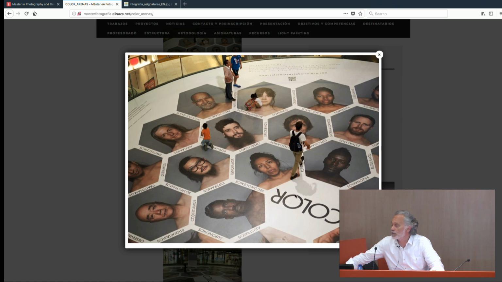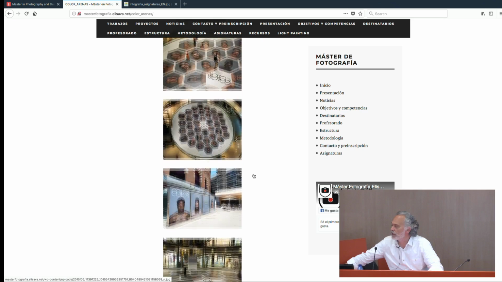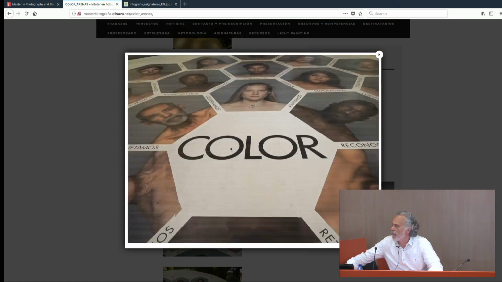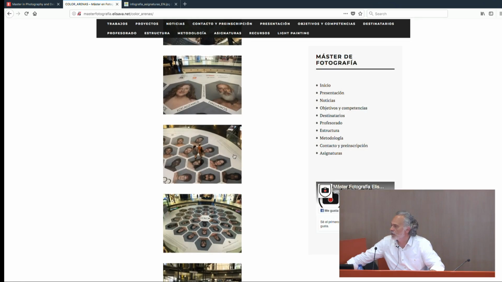In this case, this project was about how we perceive people depending on the color, and how we interact with them differently depending on that color. So what we did was to photograph different people and place them in this kind of panel.